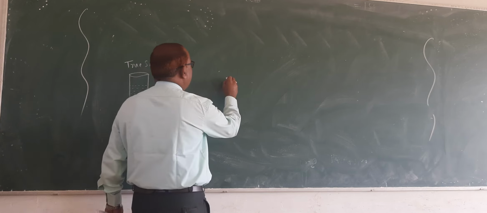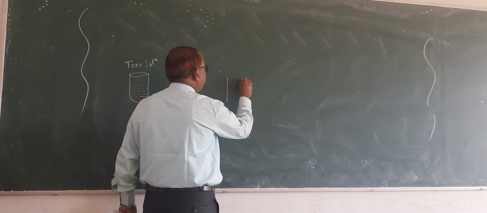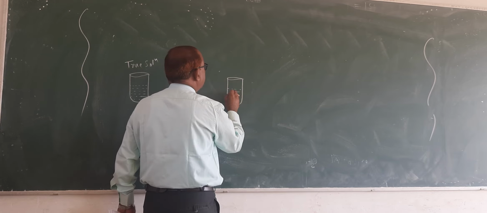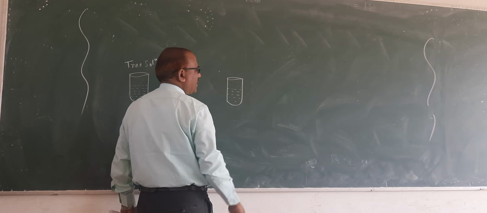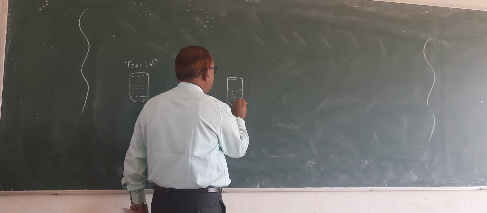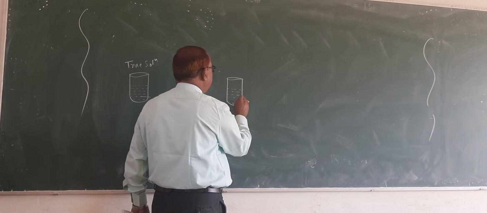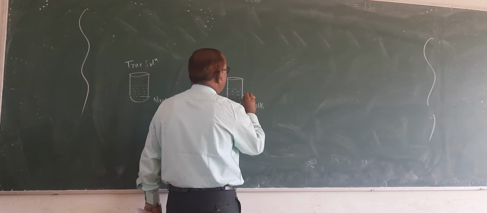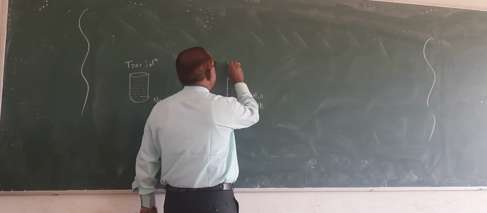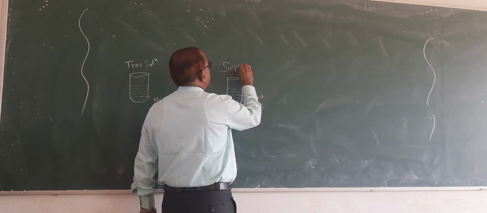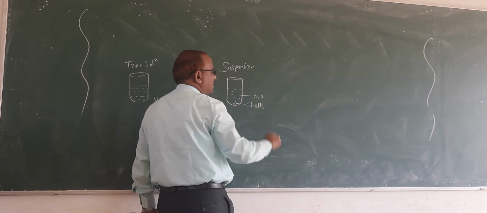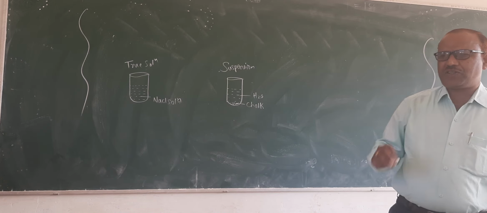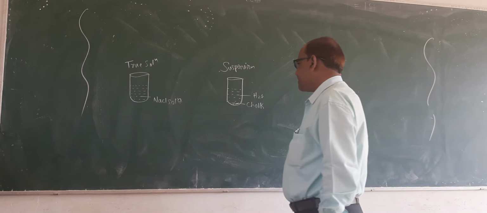In another case, we take a test tube having water into which chalk powder is added. That chalk powder, due to gravity, settles to the bottom. This becomes a suspension, or else you may say that if you are getting a precipitate during the process, that is considered a suspension.